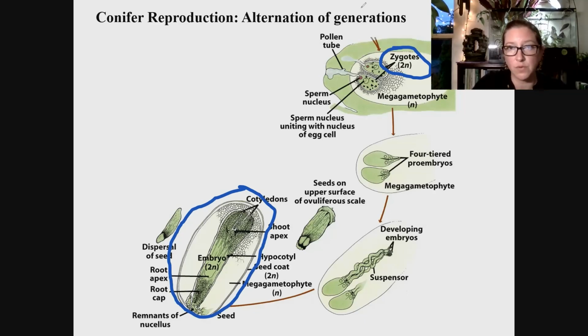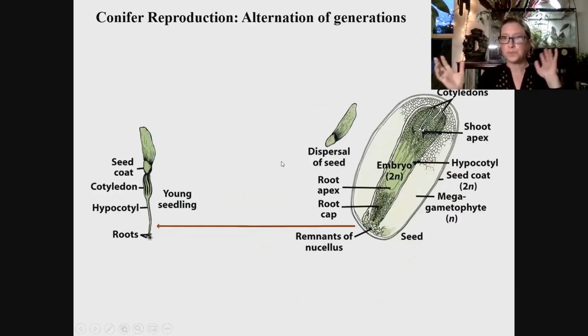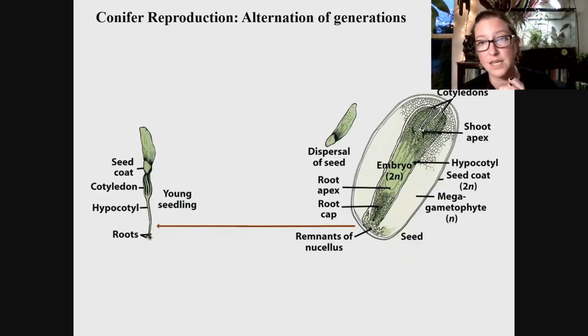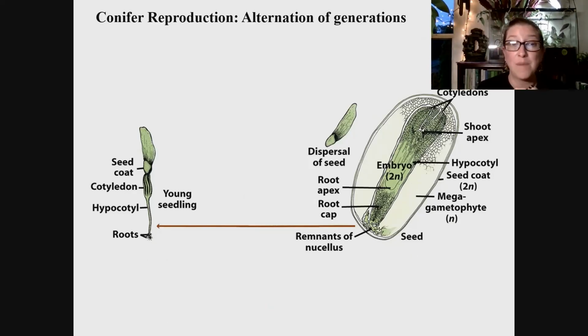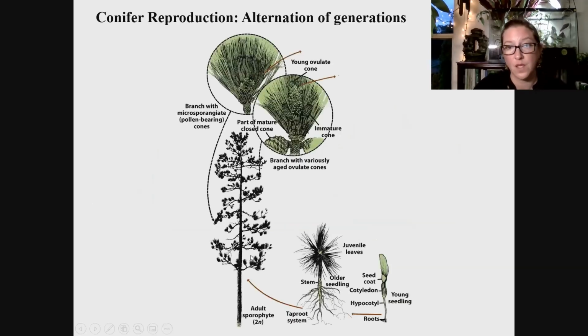That's all you need to know from this. Don't worry too much about all these other words. The embryo now is inside of that seed. The embryo is going to germinate out of the seed and grow into the new sporophyte plant, which we see here. That young sporophyte plant will grow via mitosis to become the mature, adult sporophyte, shown on the left here.